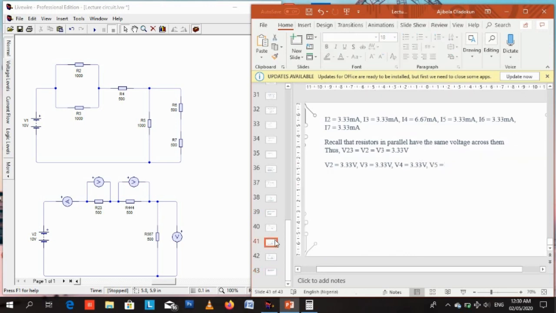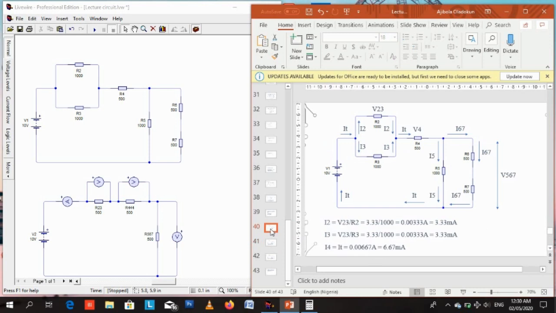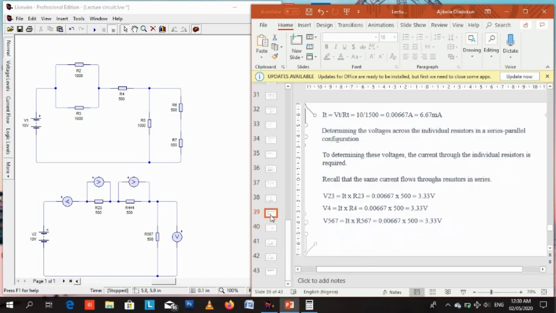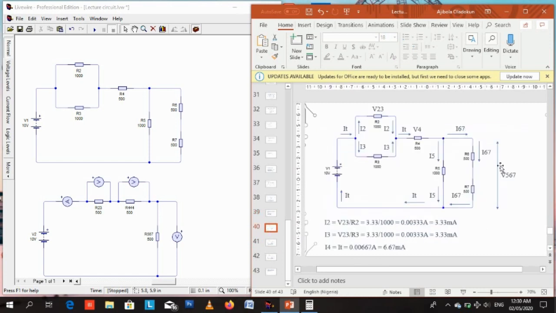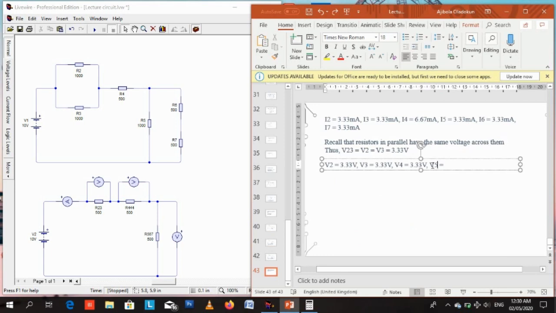Let's just check for what we got for V5. Yeah, we said that V567 appears across V5. V567 is the voltage across V5 because it's in parallel.